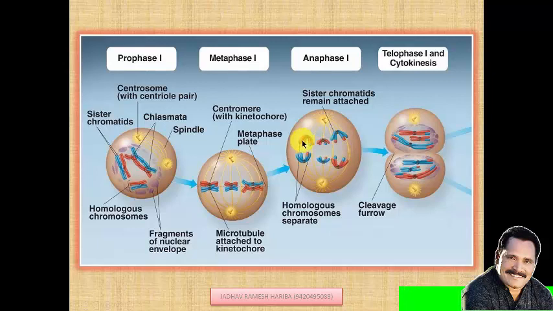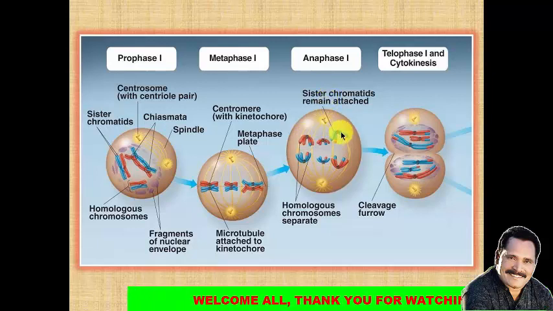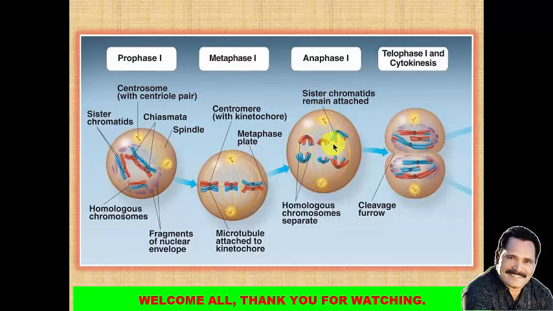Sister chromatids are still attached to each other in this phase. Here what happens? There is a separation of these homologous chromosomes, and they get attracted towards the opposite poles. Sister chromatids are still attached here in anaphase first.